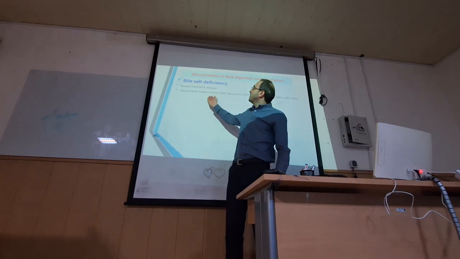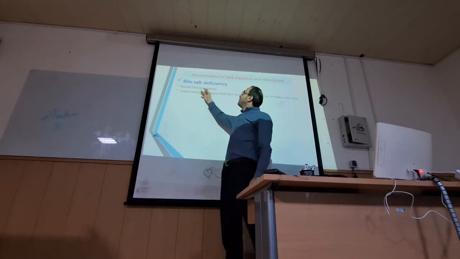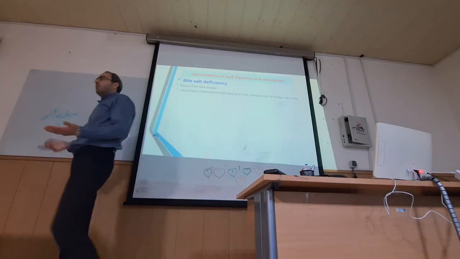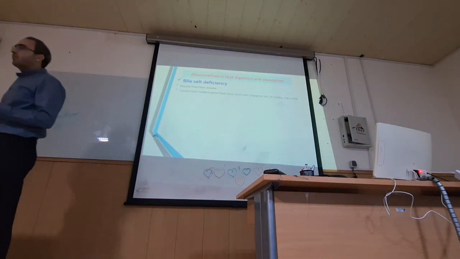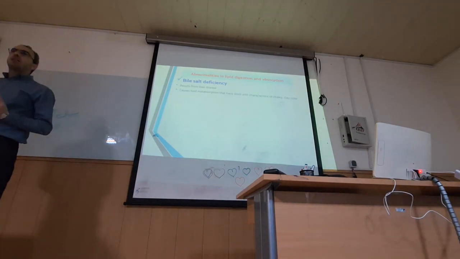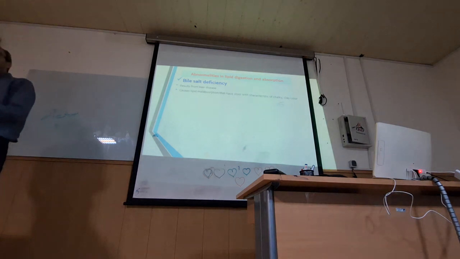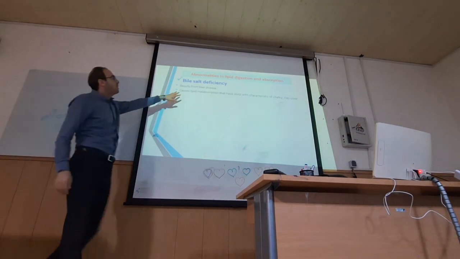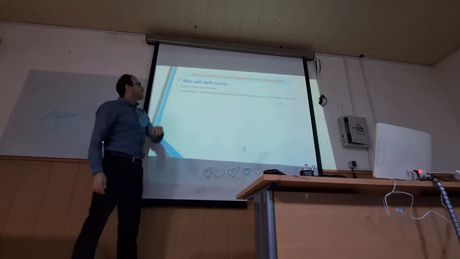Bile salt deficiency can be due to liver disease. Any kind of liver disease, hepatitis, jaundice also, and then fatty liver, alcoholic fatty liver, non-alcoholic fatty liver, all of them can lead to bile salt deficiency.